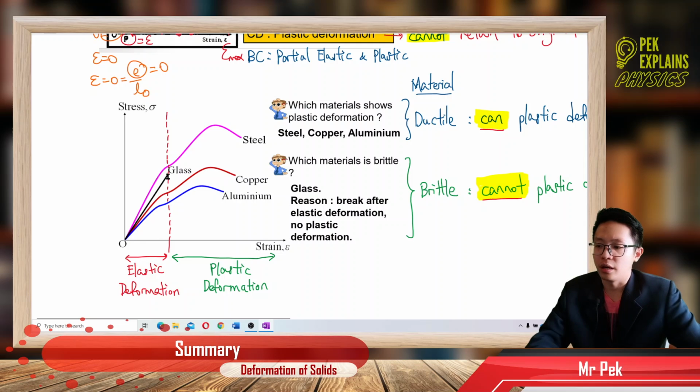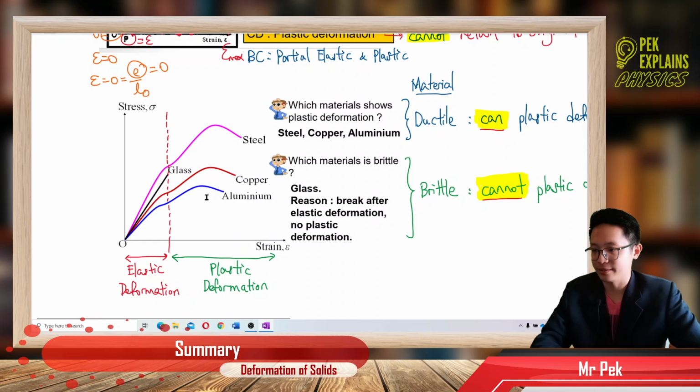That means when you release the stress, it can go back to original length. But the curved part is mostly plastic deformation. So what's the difference between glass and the other three metals? Glass is a brittle material.